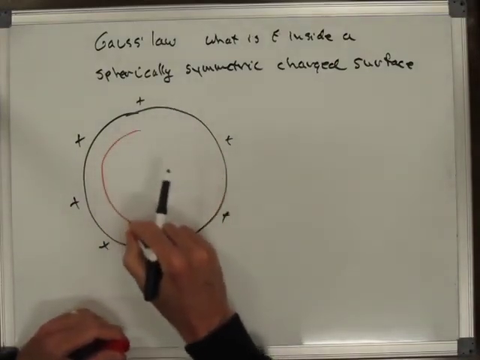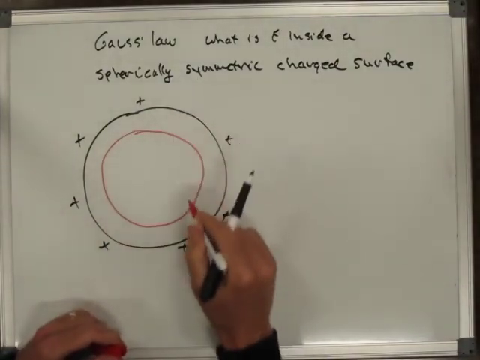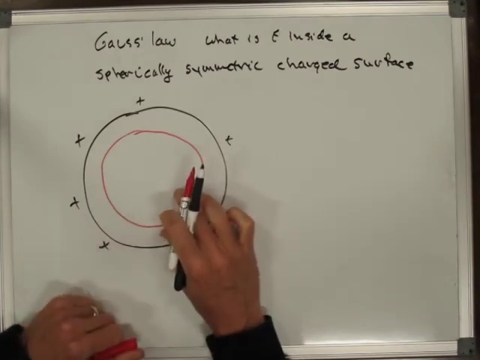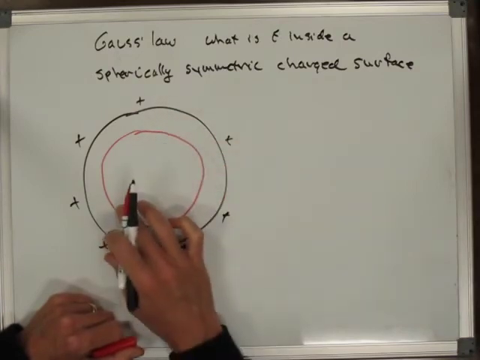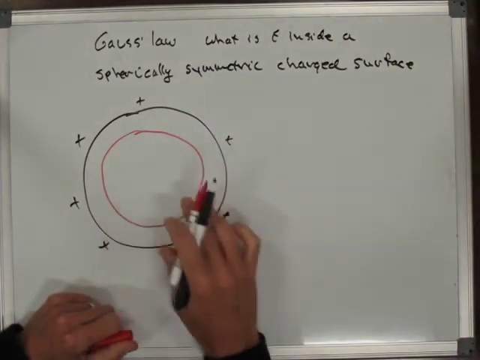All Gauss's law tells us is that the net flux through this surface is 0. It doesn't tell us that the electric field is 0. It just tells us that the net flux through the surface is 0.